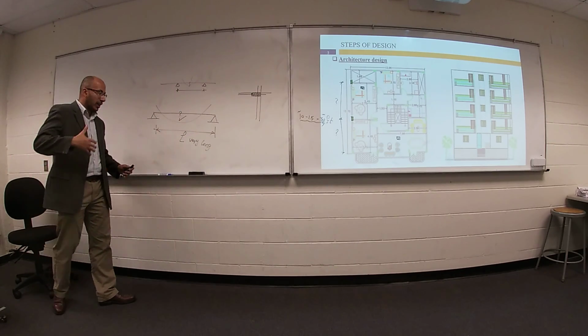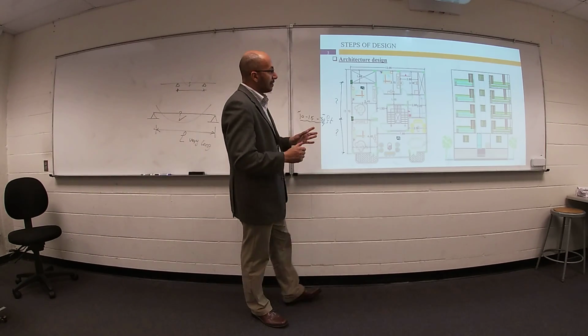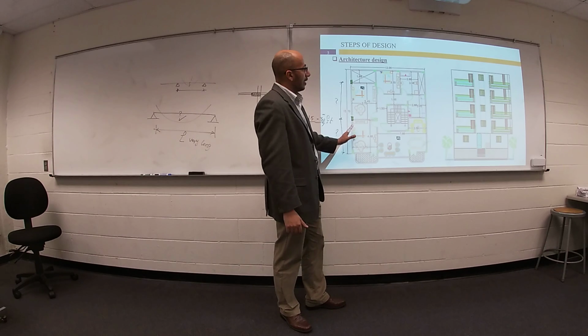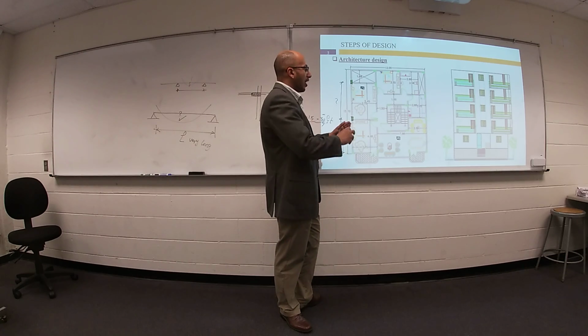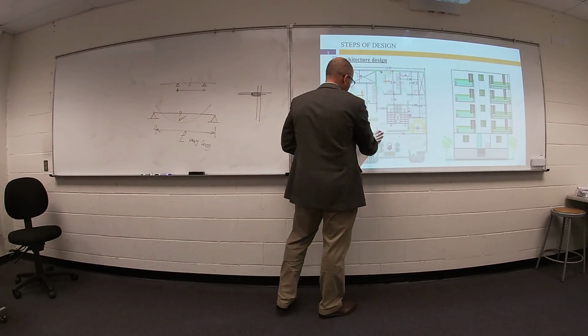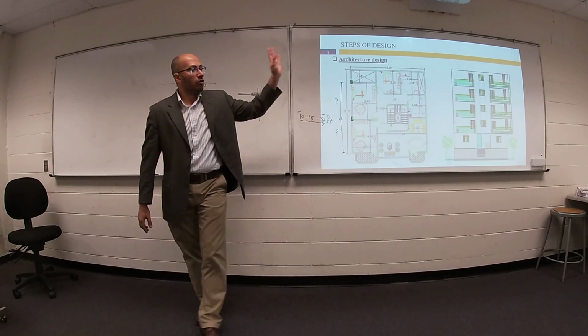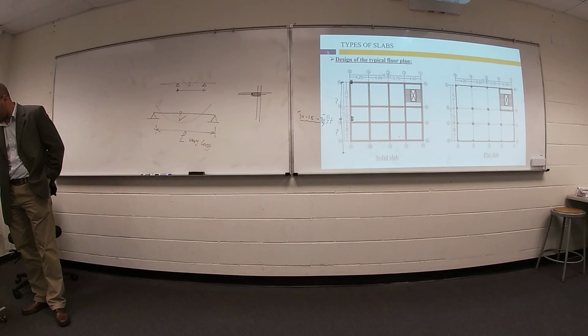So, if you would like to define location of your beams, keep the architectural design in front of you. Try to put your columns. Once you did, and remove the architectural design, you can find something like this.